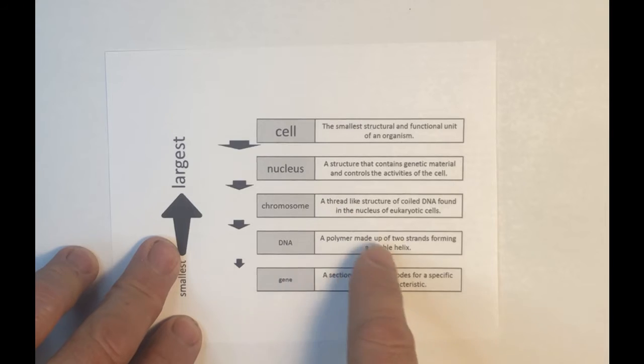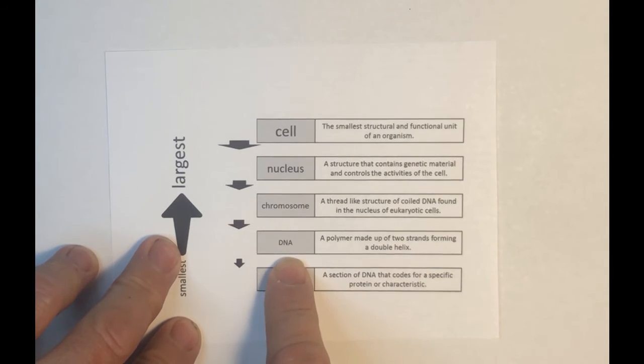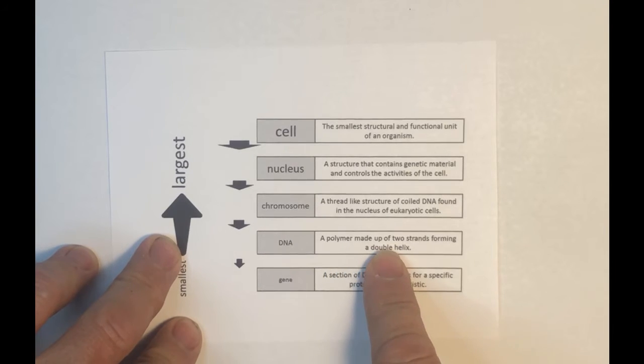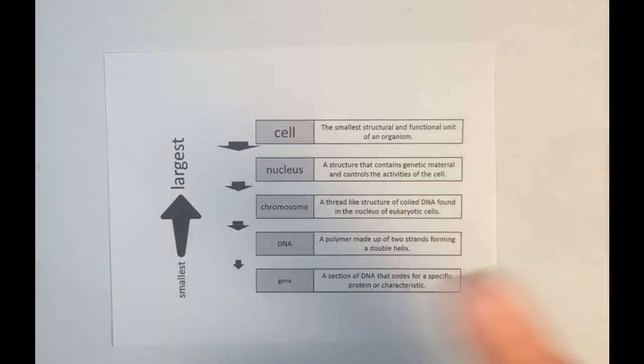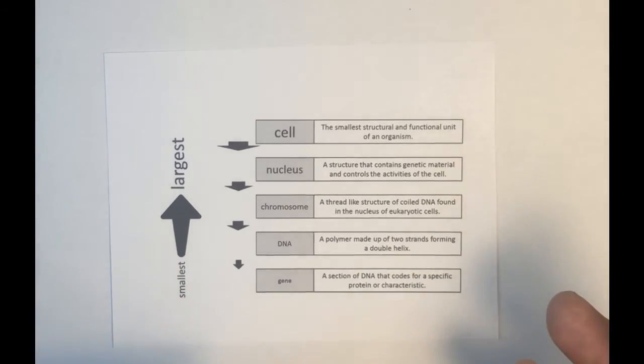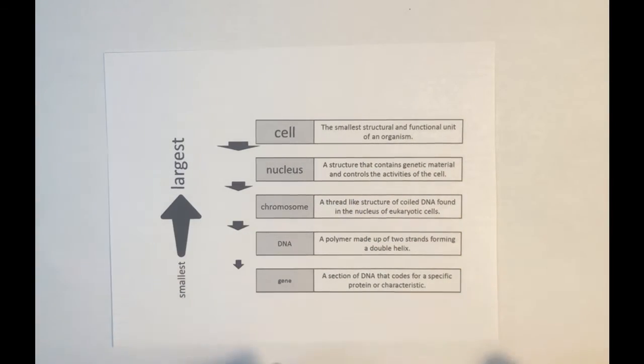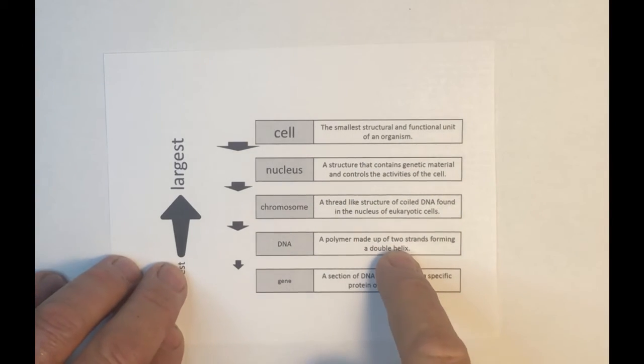When you drill down into chromosomes further, you get your DNA, deoxyribonucleic acid. That is a polymer, which basically means it's a long strand, made up of two strands forming a double helix. The two strands don't go round together; it's like a spring that goes one direction, and the other spring goes in the opposite direction. That is your DNA.